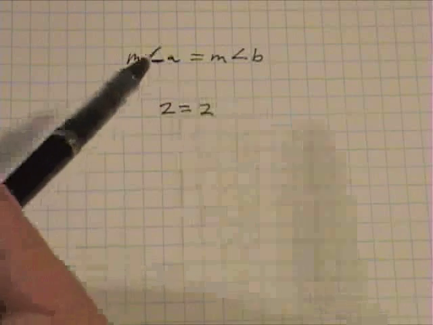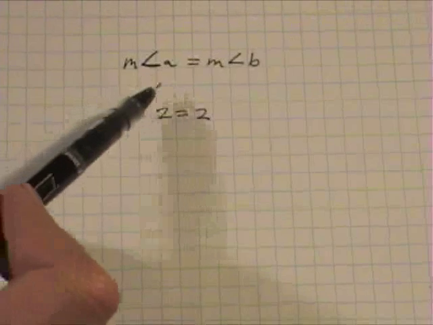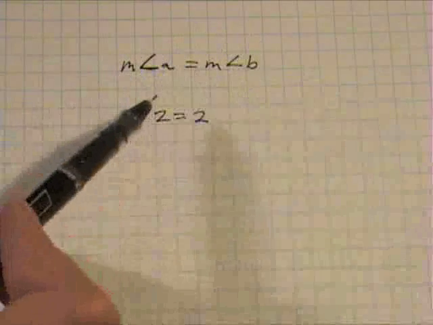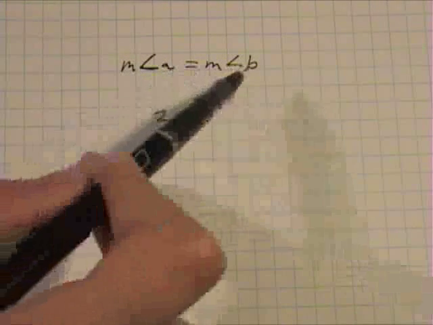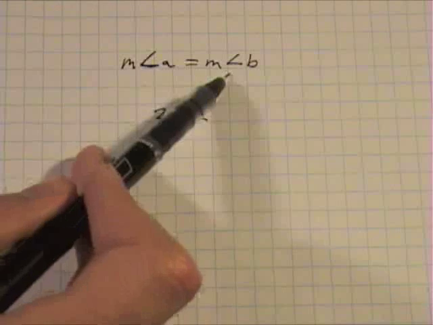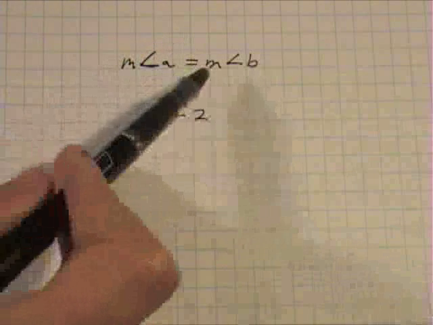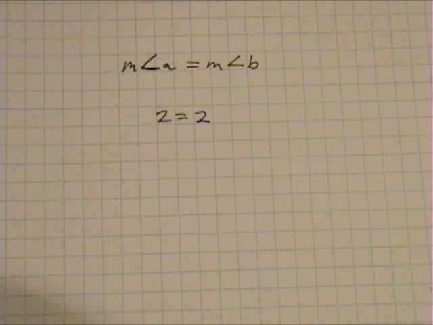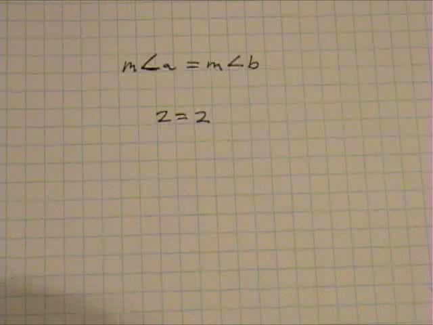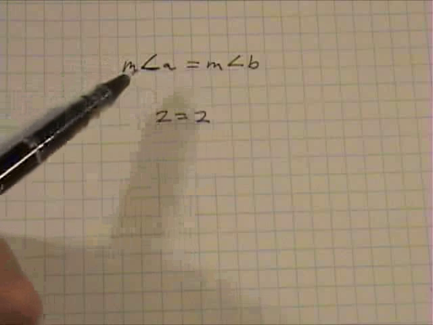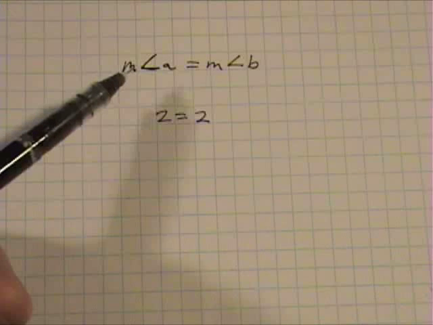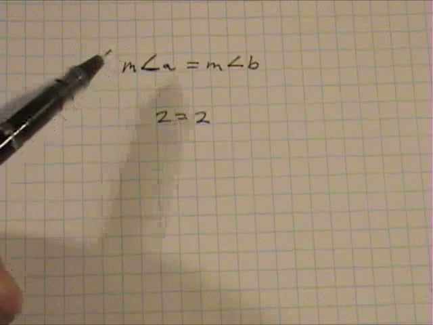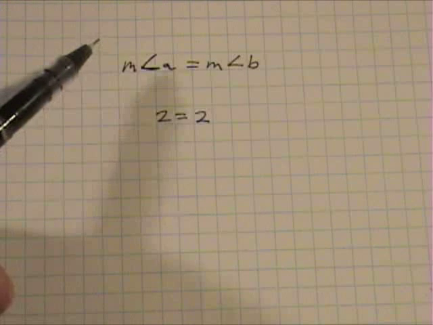And this is just the case for the measure of these angles. If you divide this side and you also divide this side by the same number, these measures are still equal. If you subtract from each side the same number, they are still equal. And you can do addition, subtraction, multiplication, and division.